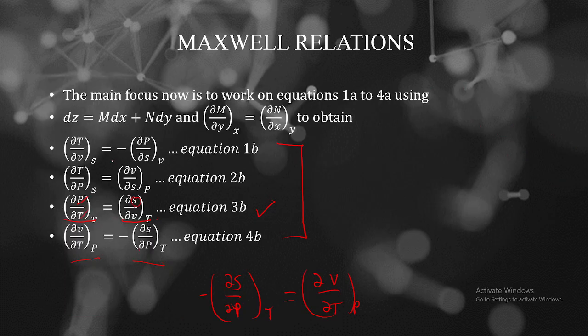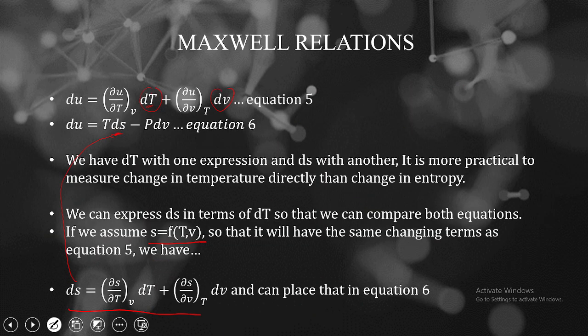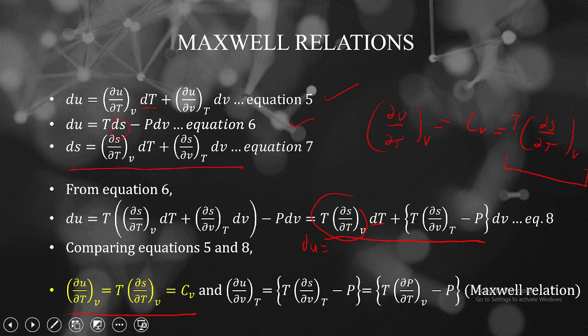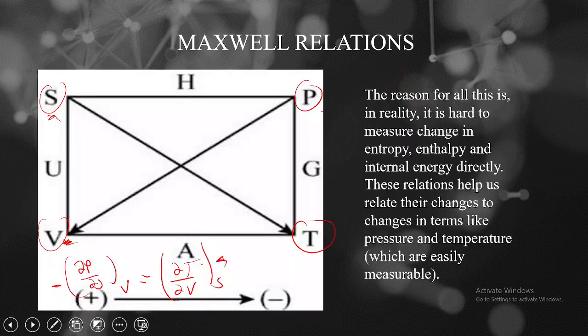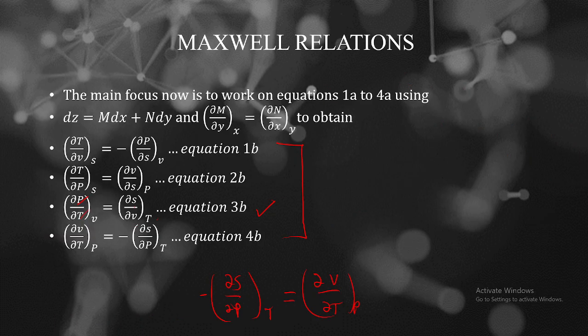There's nothing like (∂S/∂T) at constant V. If we check, we won't see it here. We can check to see if we have a Maxwell relation for that, and we don't.